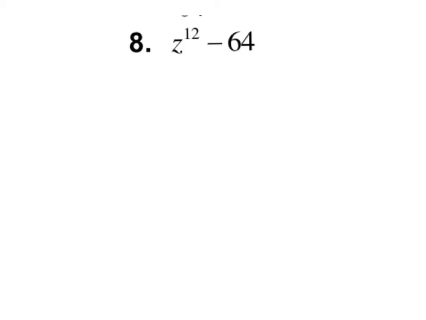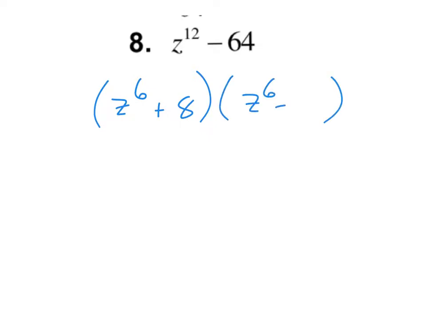And your answer will look slightly different depending on which one you choose. So first, let's do this as a difference of squares. Okay? So if I treat this as a difference of squares, I'm going to get z to the 6th plus 8 times z to the 6th minus 8.